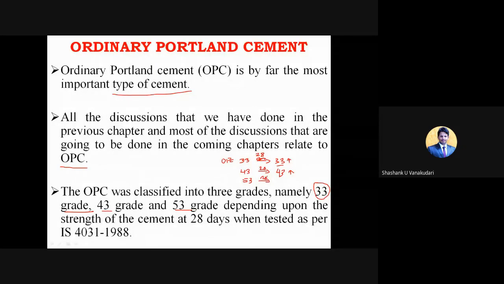I'm just writing these numbers with the mouse, so that you understand the concept, not the letter formations, because I can't draw properly using this mouse. Okay, so no issues. This compressive strength should achieve more than 53 Newton per mm square after 28 days of curing. Depending on this, these numbers have been provided: 33, 43 and then 53. Okay.